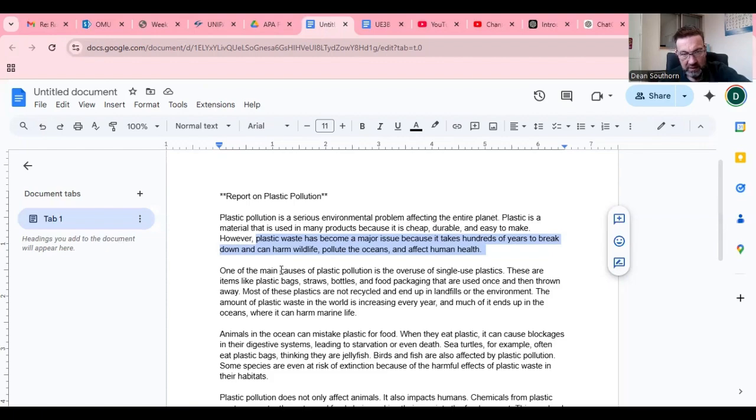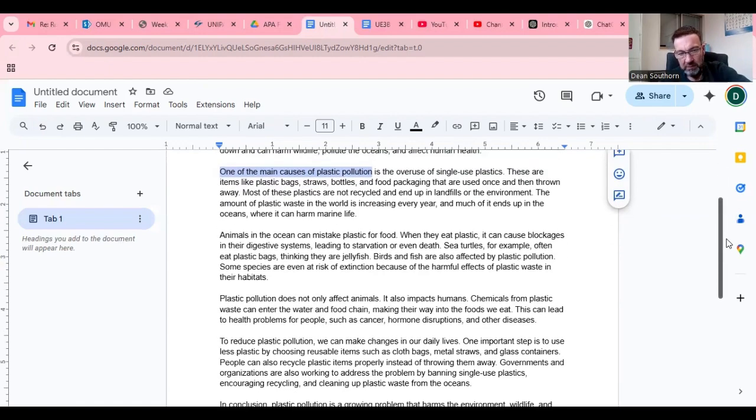And then it goes into the causes of plastic pollution. So this connects the two. So one of the main causes of plastic pollution, that is a cohesive device. It links the two paragraphs.